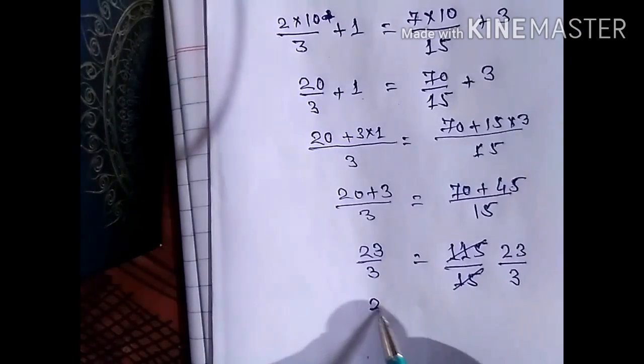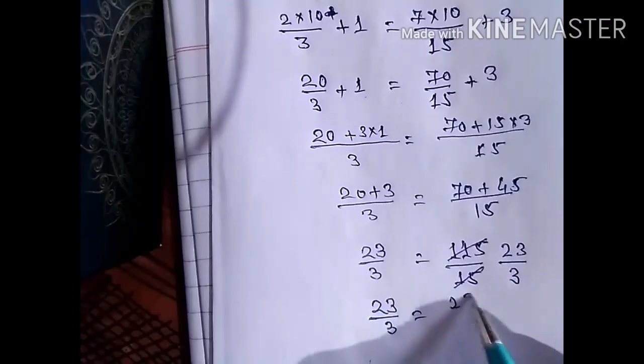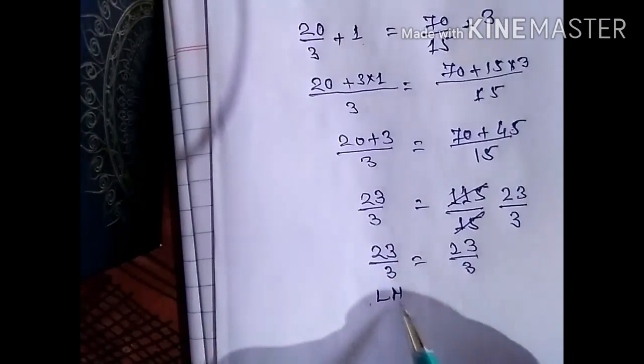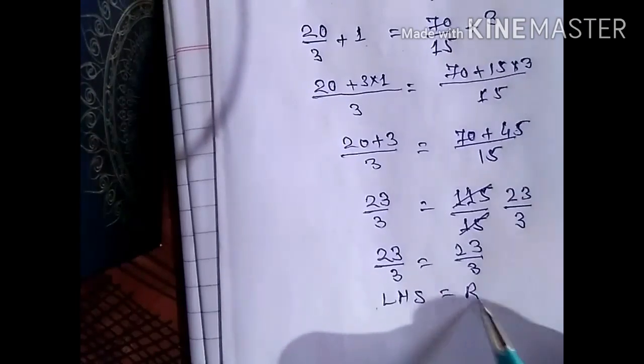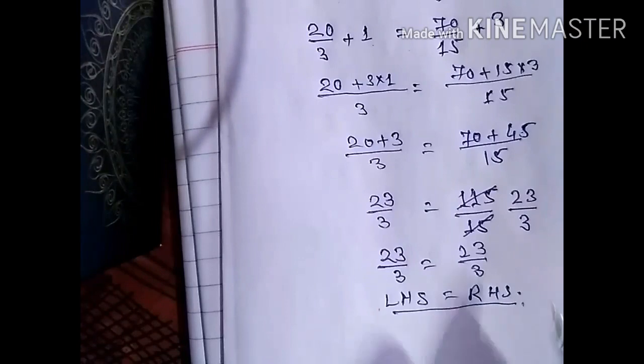So this one 23 by 3 is equal to 23 by 3. So left hand side is equal to right hand side. So our solution is correct, student. The value of variable x is 10 in this question, student.